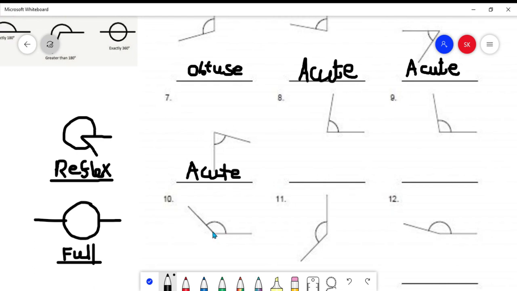mathematical terms. So again, next one is an acute too. The next one, just about an obtuse angle.